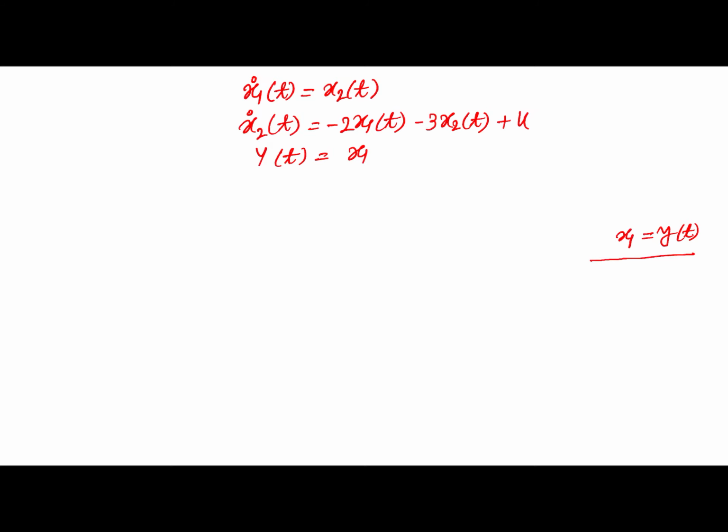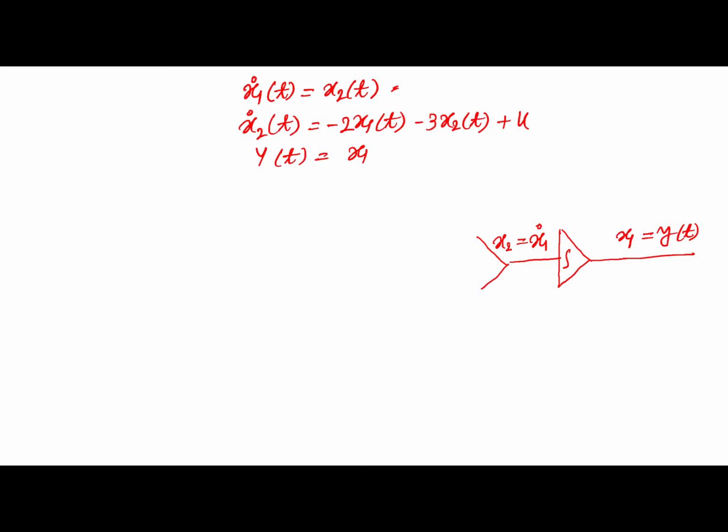Now we will get x1 from the first state equation by solving the first state equation. So there is an integrator and input to the integrator is x1 dot, which is equal to x2.